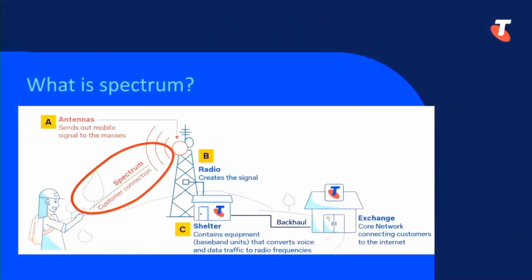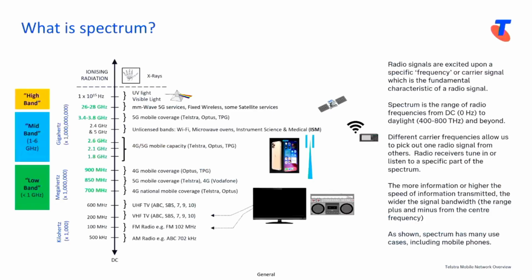Okay, the next bit. How does the device connect to the base station? Uses the air. The air, we call it spectrum. This is something that you will learn about, no doubt. So we have DC all the way up to X-ray or something. And mobile networks work in this spectrum, somewhere in this range, right about here, where all the green is.